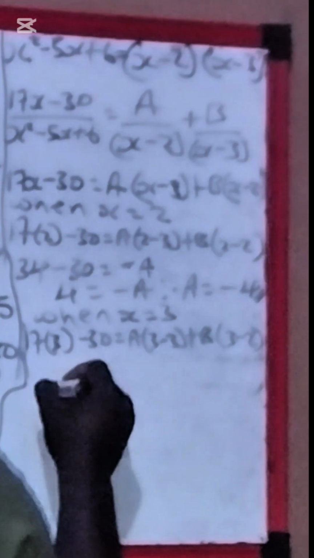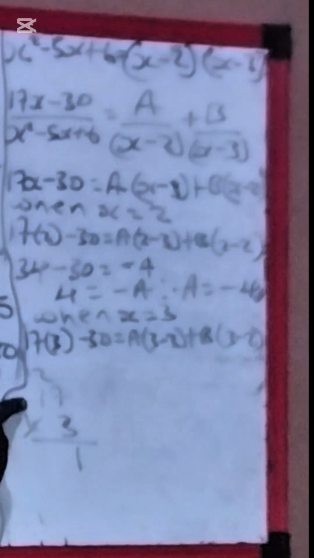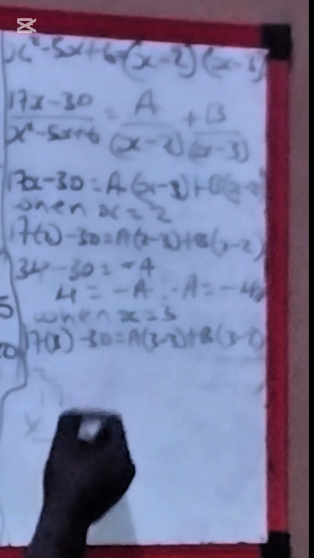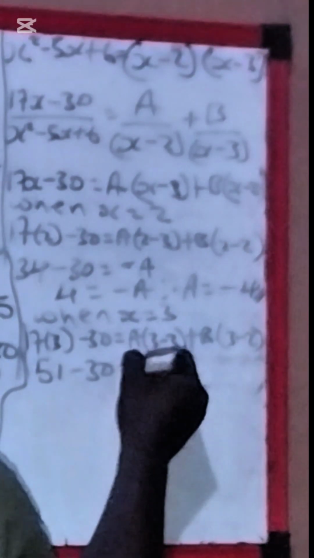Now let's do the math here. 3 times 17: 3 times 7 is 21, you write 1, carry 2. 3 times 1 is 3, plus 2 will give us 51.